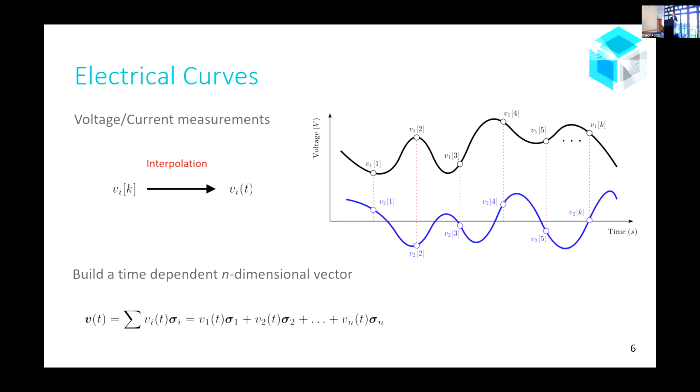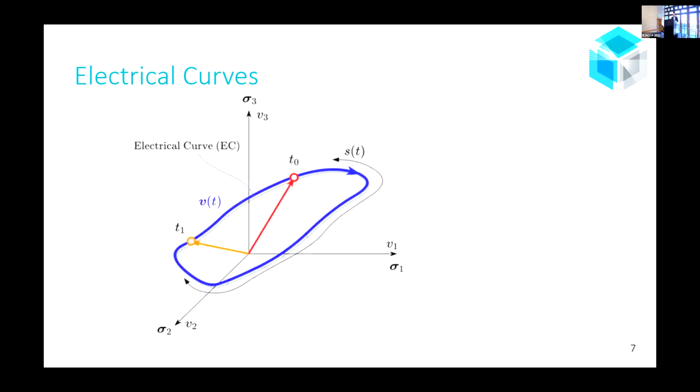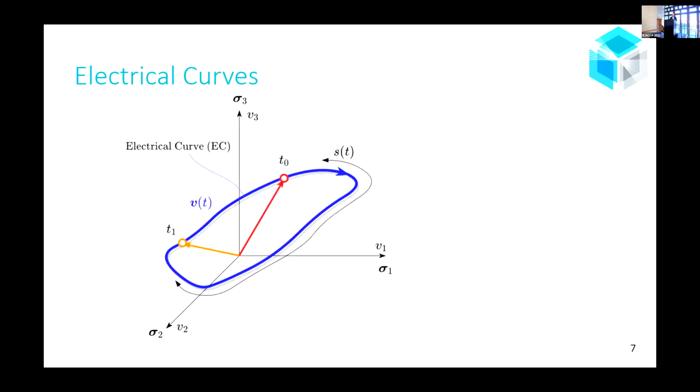Finally, we use these continuous waveforms as coordinates of an n-dimensional vector v(t). Vector v describes a curve in a space as shown in this figure. It is shown in an example of a three-phase, three-dimensional system. So the vector v is observed at two different time instants, t0 and t1.